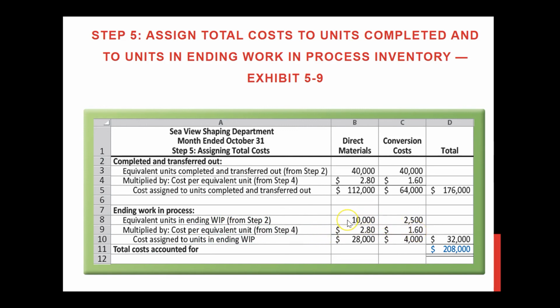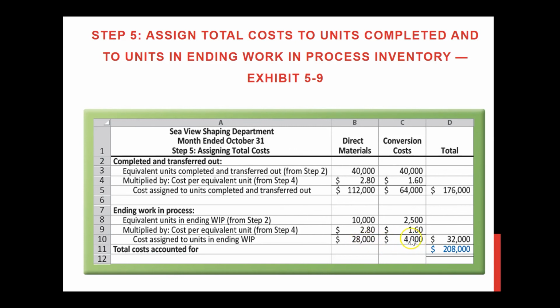For direct material, equivalent units in ending work in process is 10,000 times the cost, which is $2.80. So the direct material cost for ending work in process is 28,000. In the same way, we will figure out that the conversion cost for ending work in process is 4,000.